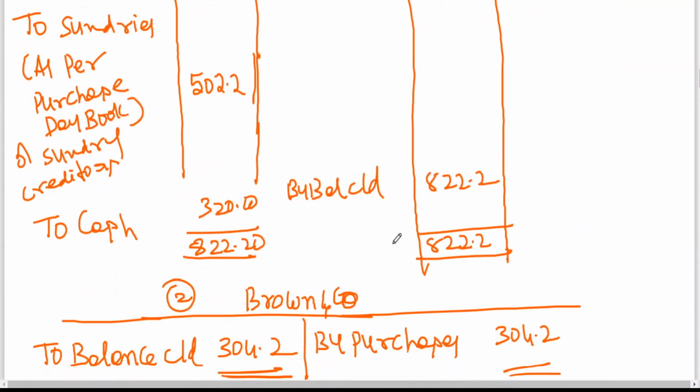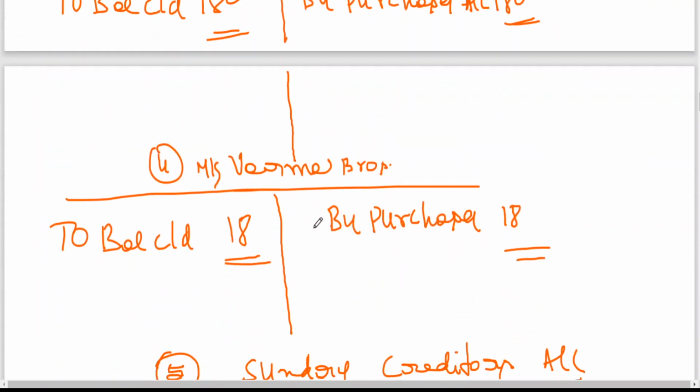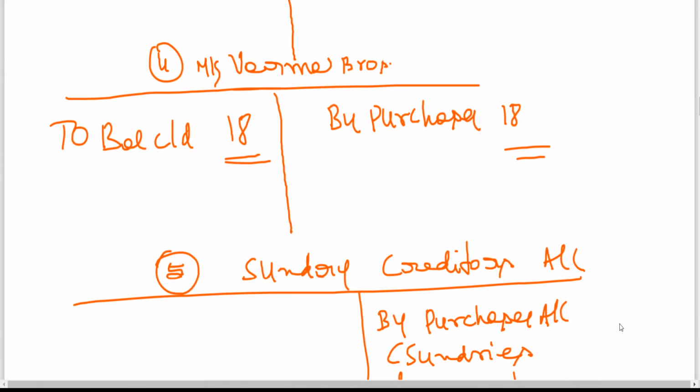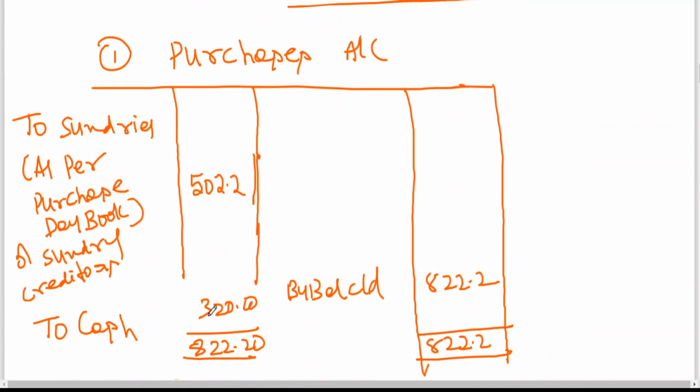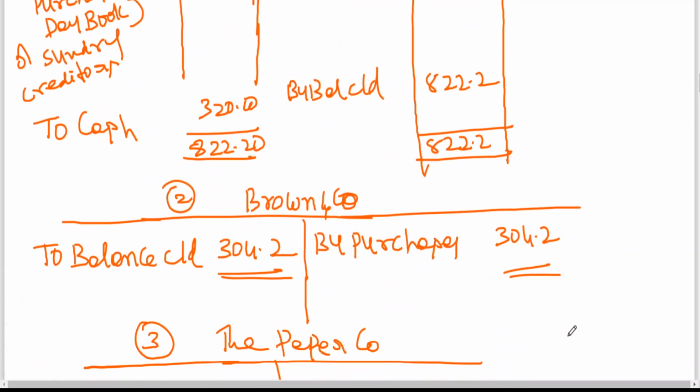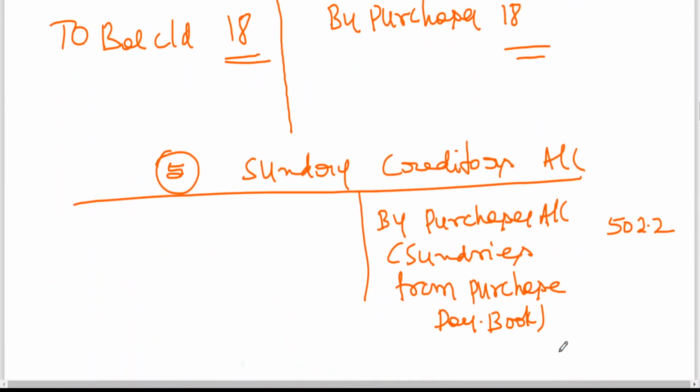What is the total of it? 502.2. Now the interesting point: in the purchase account you can take cash purchases, but in the purchase day book you can't take cash purchases. Similarly, in the creditors account you can take only the total of the purchase day book, but we can't take cash purchases. Cash purchase will be taken to which account, my dear friends? Cash account. Clear to all of you?